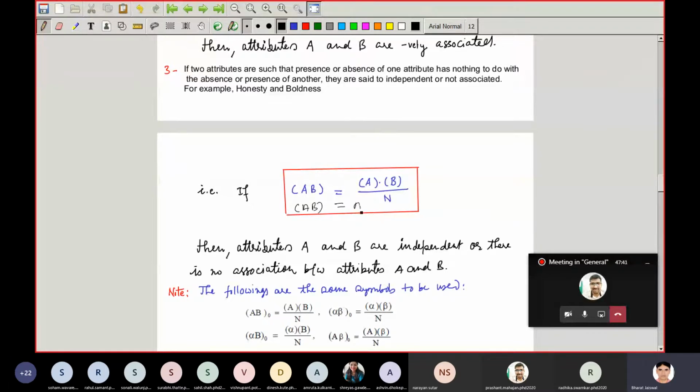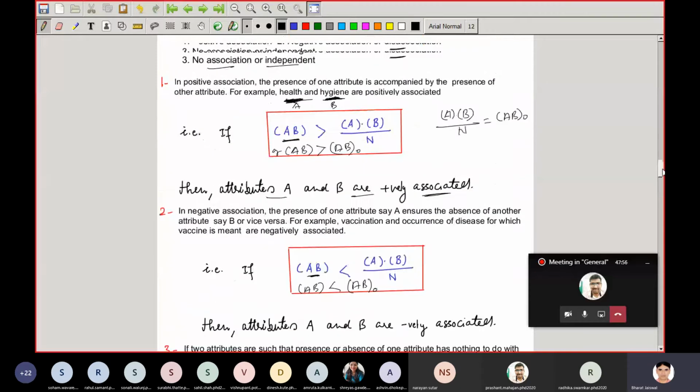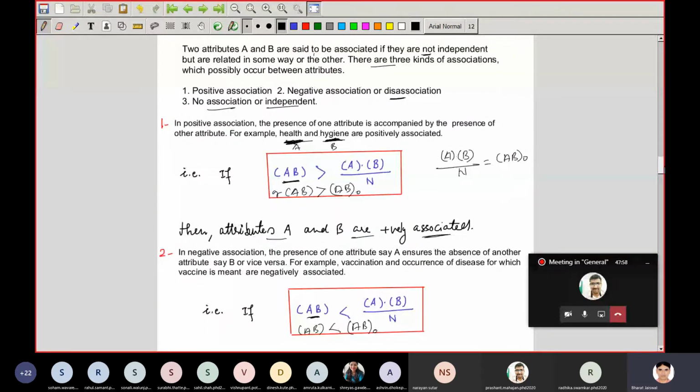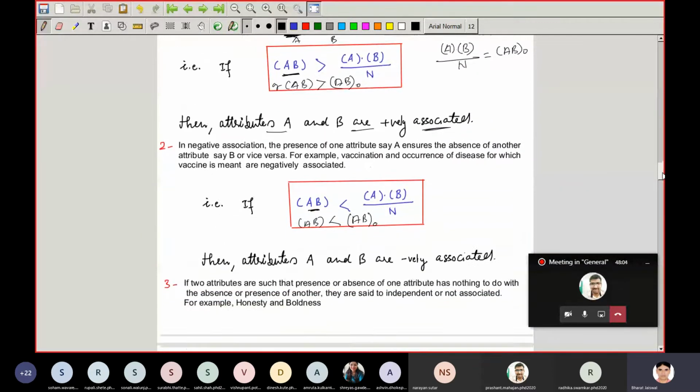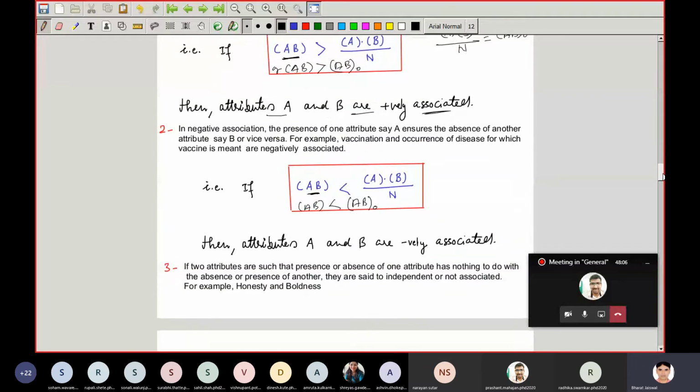Both the attributes are independent of each other. So in this case A and B are independent, or there is no association between these two attributes. So basically we classify the association between two attributes into three types: positive, negative, and independent. Getting, students?